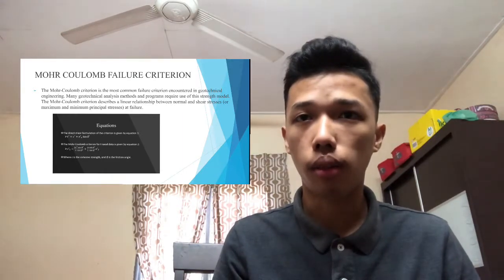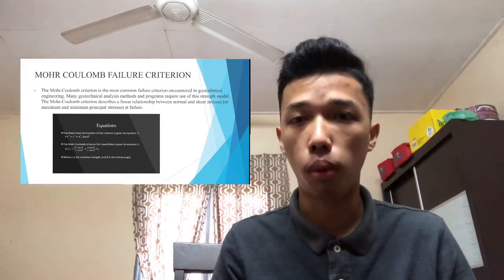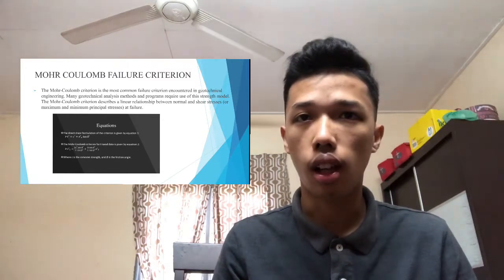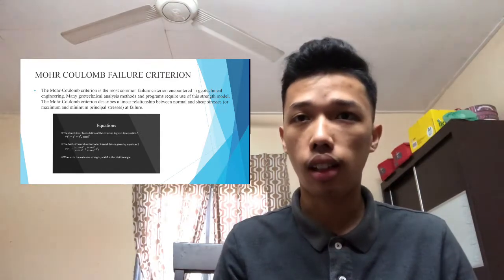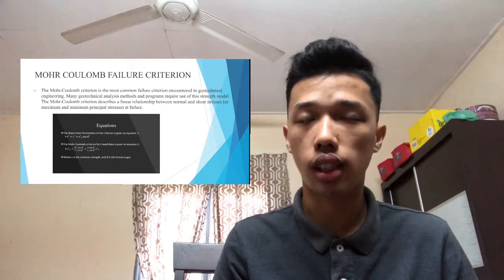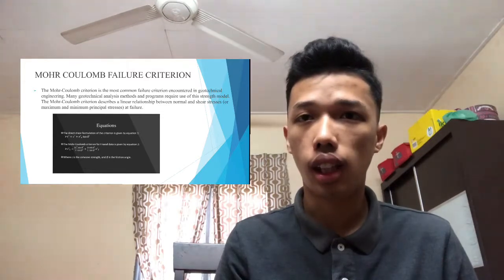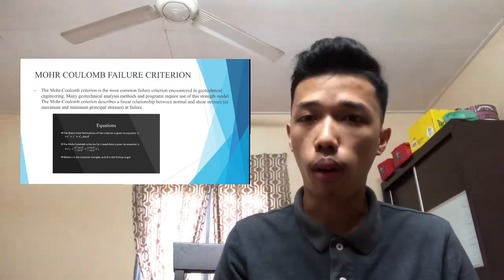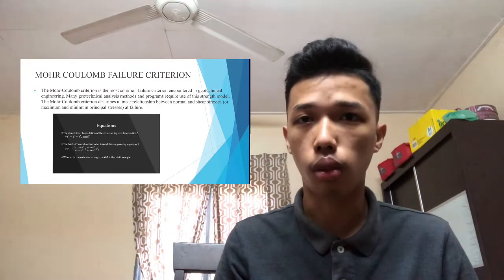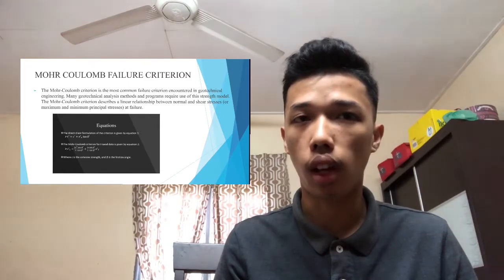The Mohr-Coulomb criterion describes a linear relationship between normal and shear stress, or maximum and minimum principal stress at failure. The direct shear form of the criterion is given by equation 1, and the Mohr-Coulomb criterion for triaxial data is given by equation 2.